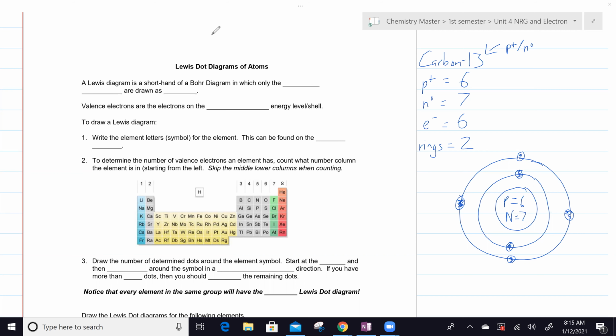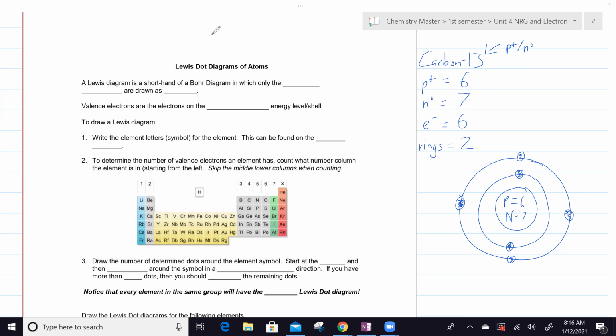Now, here's the new part. When we are combining those and we're looking at the atom of it, nothing in the nucleus changes. So when I look at sodium and chlorine put together, sodium's nucleus stays the same, chlorine's nucleus stays the same. The important part is the electrons, because that's how they attach to one another.